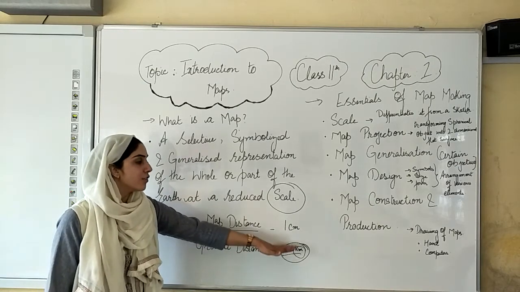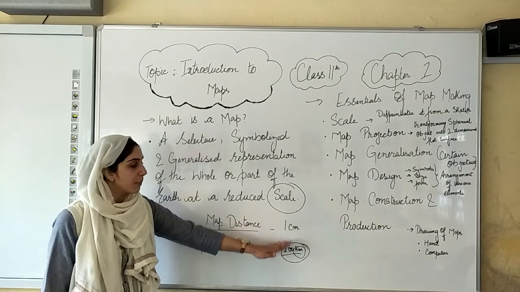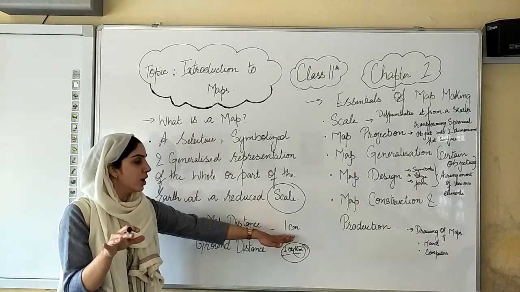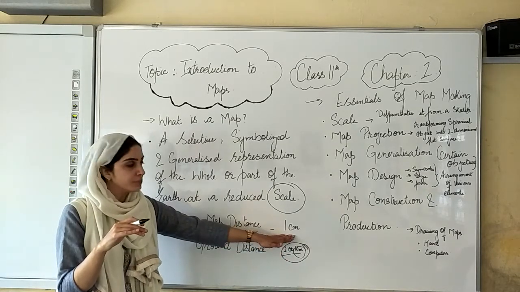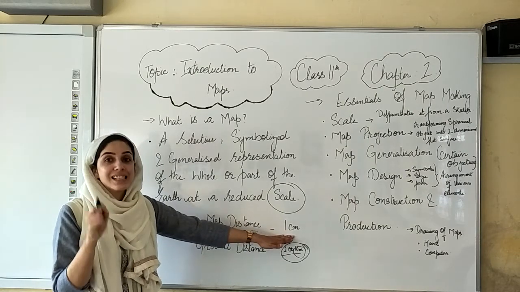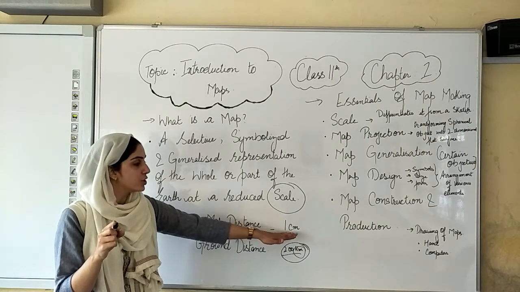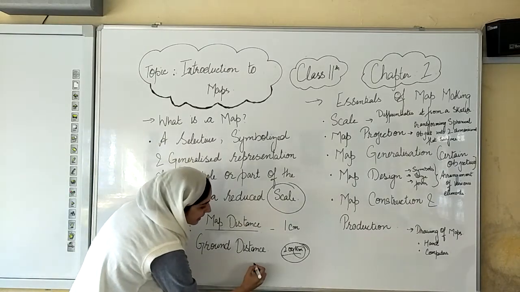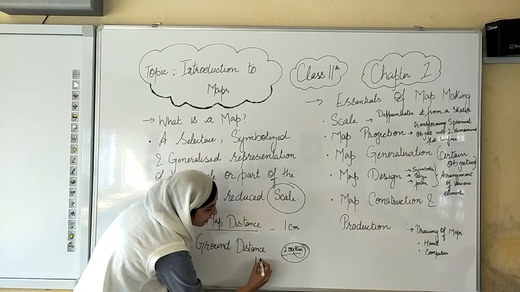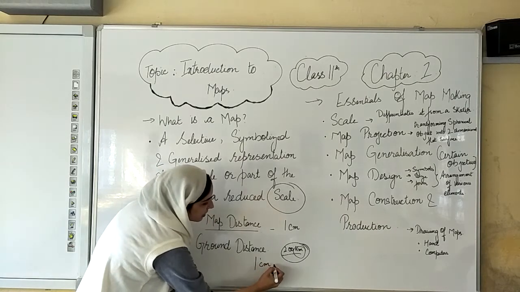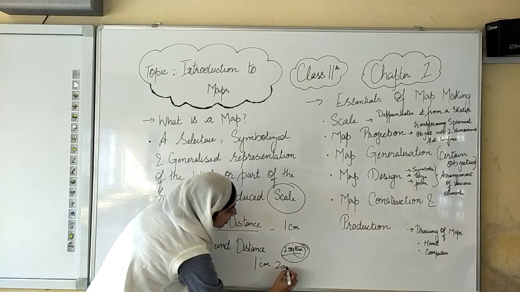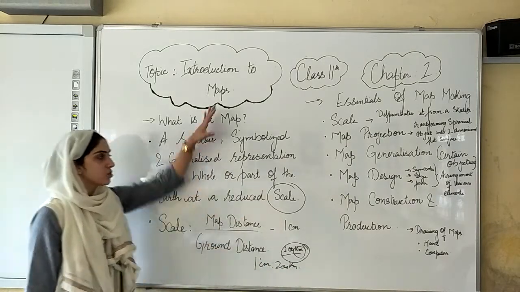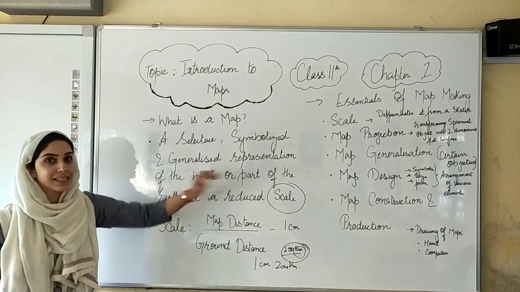We reduce it to, for example, 1 centimeter. If we have 400 kilometers on the Earth's surface, we reduce it to 2 centimeters. Then it becomes easy for us to show it on the map, right? So we can say that 1 centimeter is to 200 kilometers on the ground. Right? So this was all about map and scale.